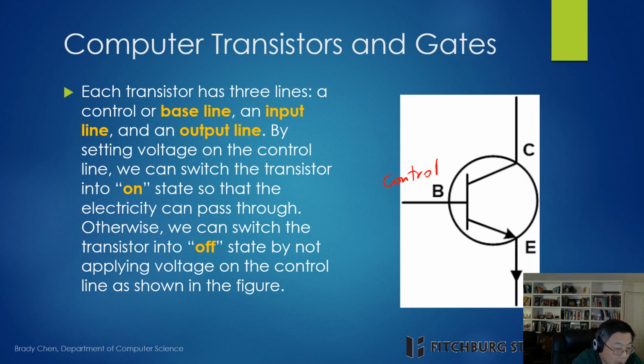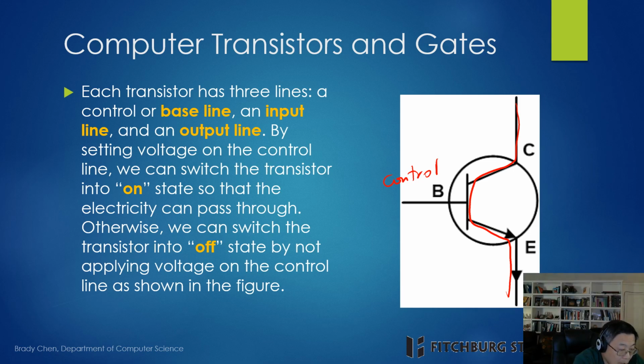You can set a voltage on the control line, and then we can switch the transistor into the on state. That means the electricity can flow; it can pass through.